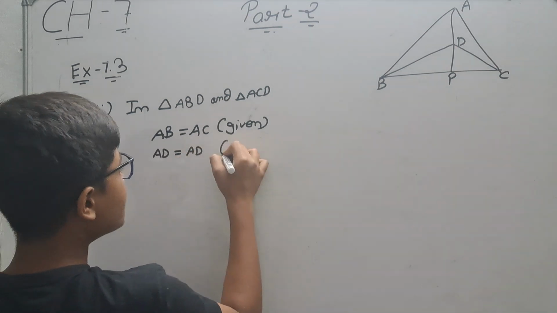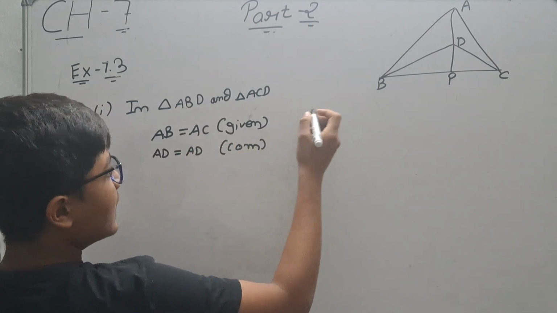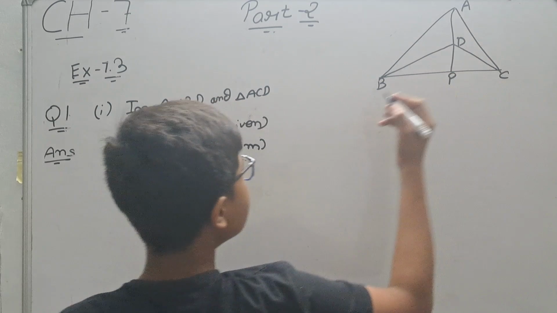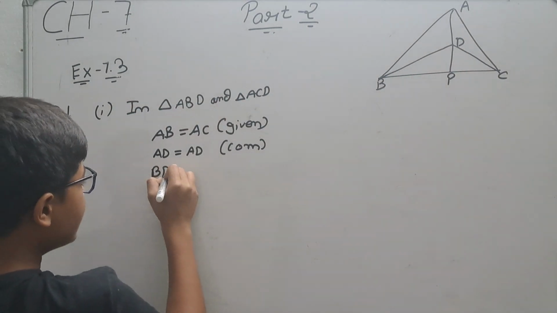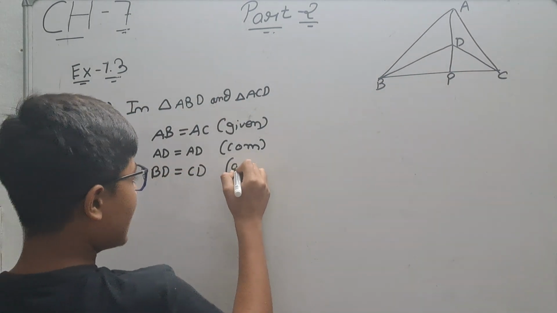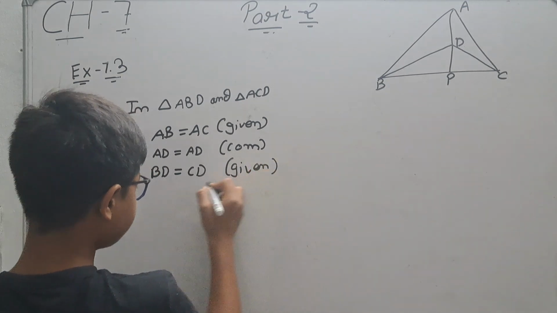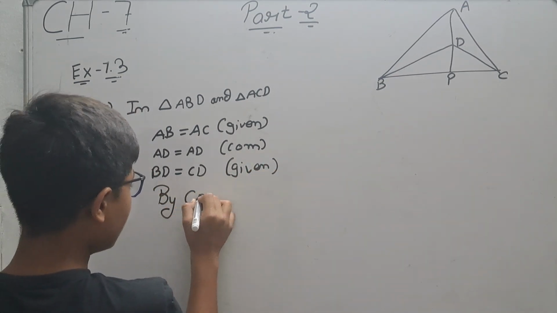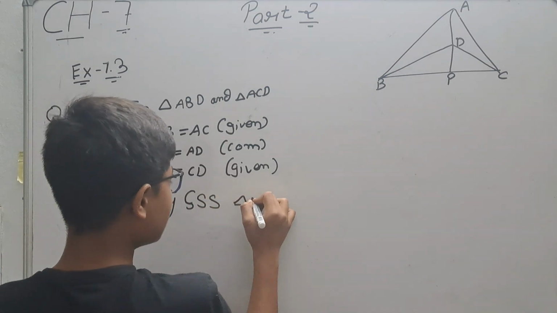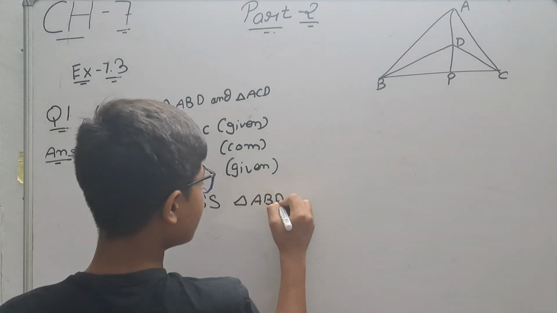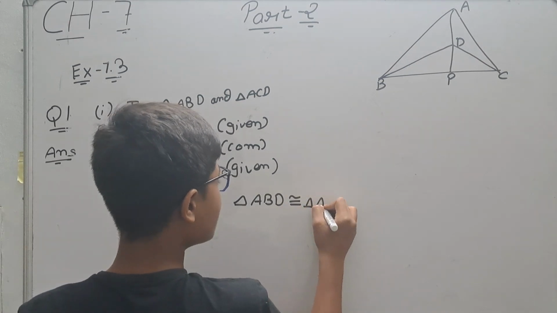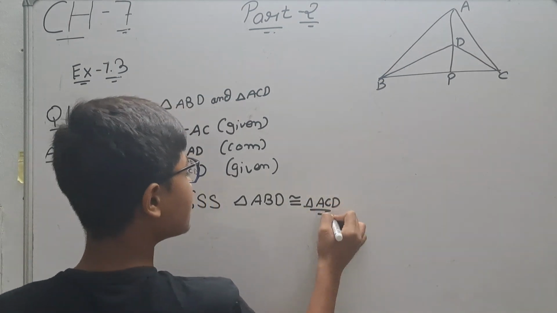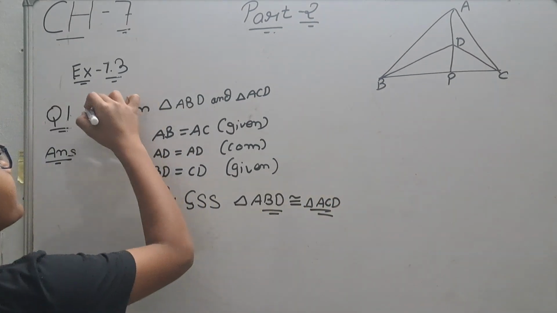Now BD and CD are also given equal. So by SSS, triangle ABD is congruent to triangle ACD. Okay, so we have done our part 1.